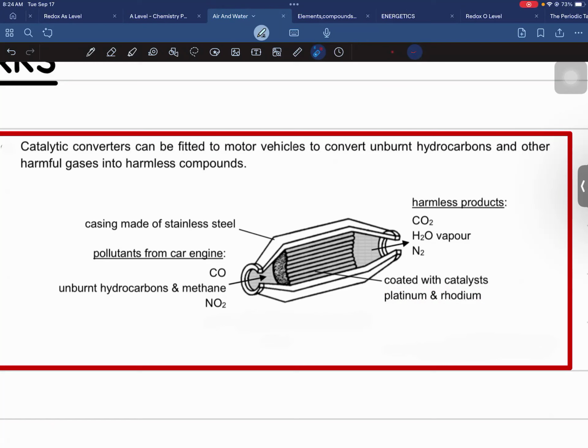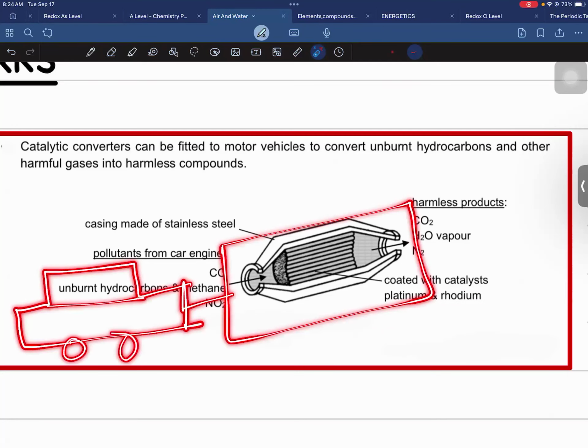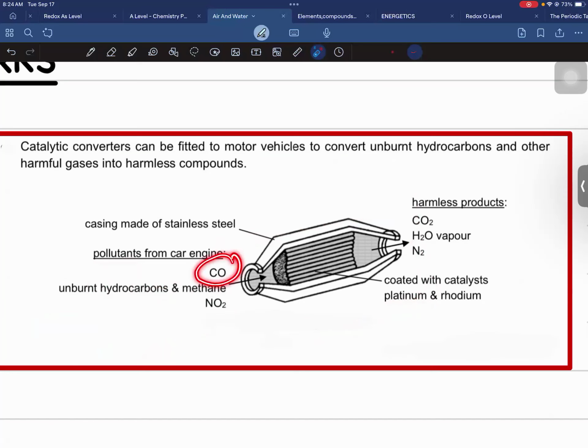So let's suppose this catalytic converter is fitted to this vehicle. When this vehicle emits a lot of harmful gases, including this, this and this, they all enter from this side.